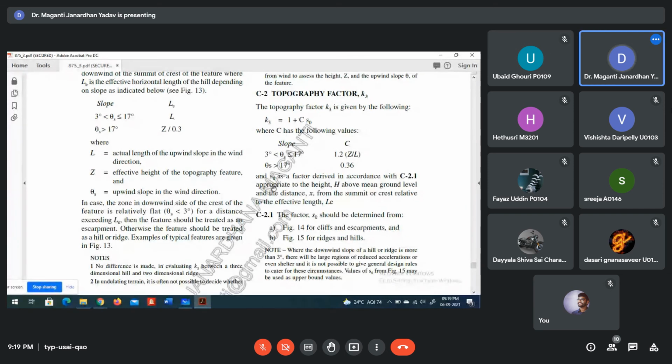It is 11.3 degrees. So theta is greater than 3 and less than 17 degrees.